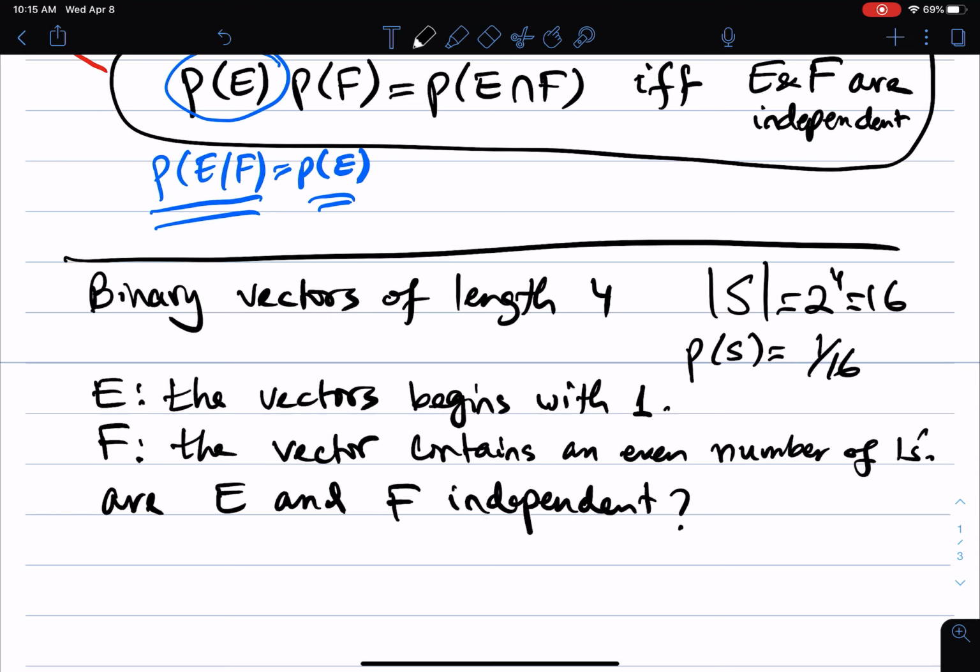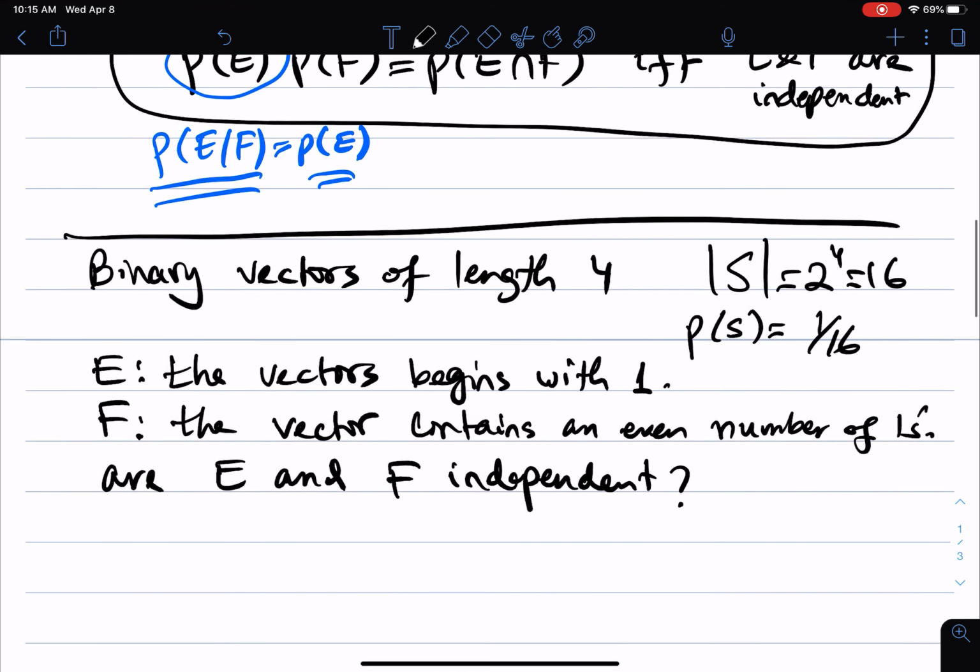The question is, are E and F independent? In other words, if I told you that the vector begins with 1, does that affect the probability that the vector has an even number of ones? Or I could ask, if I told you that the vector has an even number of ones, does that affect the probability that the vector starts with 1?